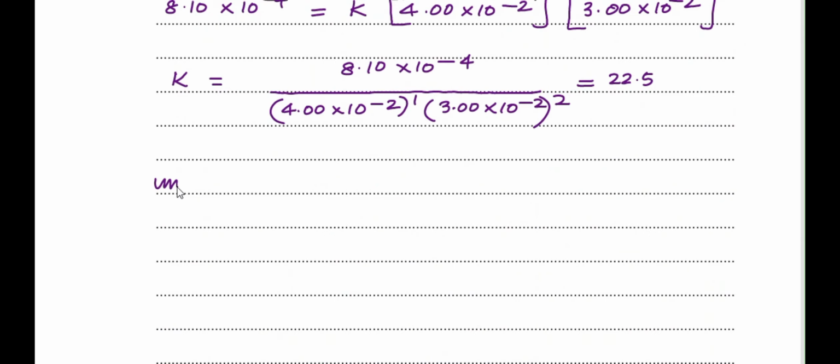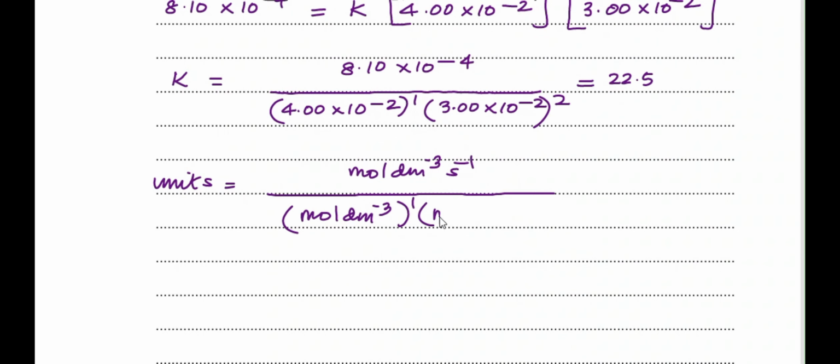So for units, moles per dm cubed per second in the numerator divided by the concentration, that is moles per dm cubed to the power of 1 times moles per dm cubed to the power of 2, which essentially is moles per dm cubed per second divided by, let's break this out, moles to the power of 1 and this 2 is 3.